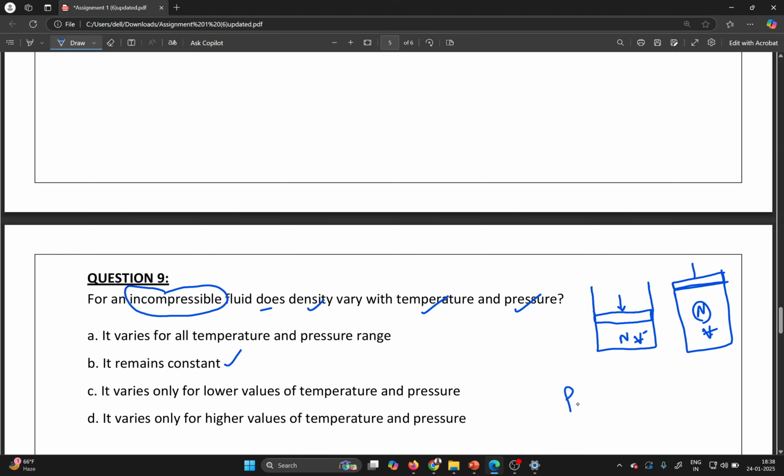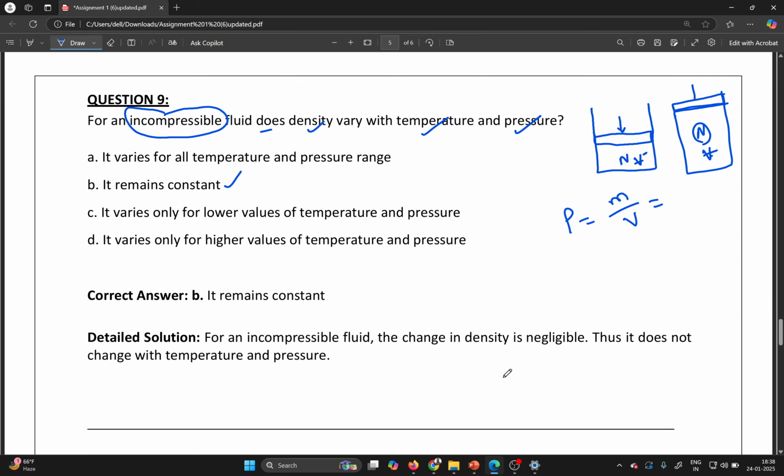So definitely your density is what? Mass by volume. Mass definitely depends on the number of molecules. So if the volume reduces, that is for a compressible fluid, definitely your density will vary with the pressure. But for incompressible fluids, always remember please, it remains constant.